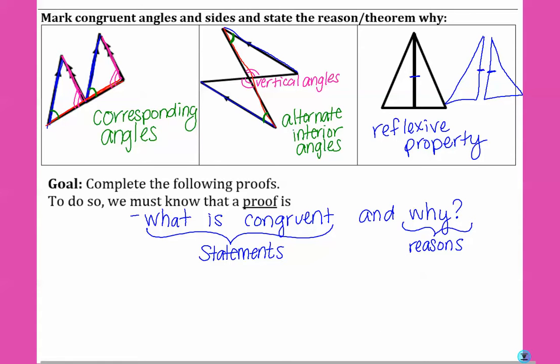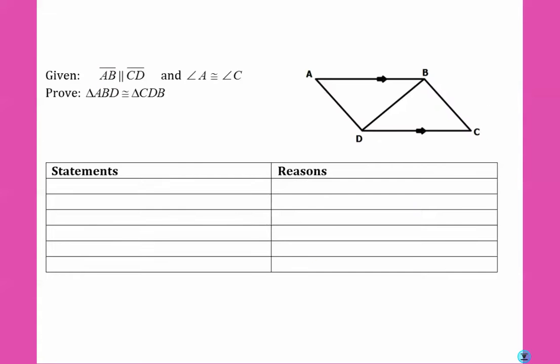So let's look at our first proof for today. Given that AB is parallel to CD and angle A is congruent to angle C, prove that triangle ABD is congruent to triangle CDB. Now, like last class, we're going to start by marking our picture.